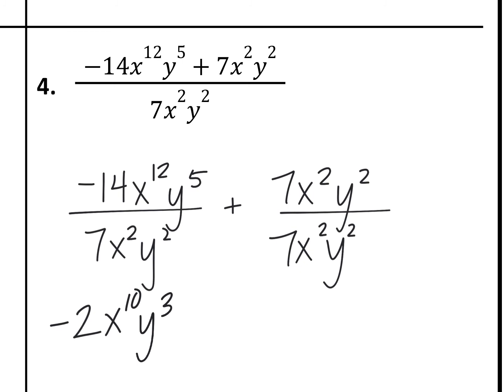Okay, your second term, 7 divided by 7 is 1. And we talked about this a couple times now. What happens with x squared over x squared? If you subtract, you get 0. So what am I going to do?